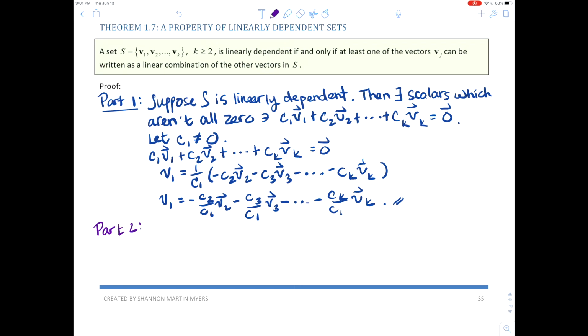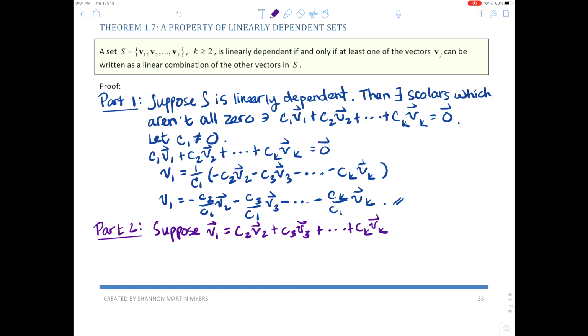Well, part 2, we got to go the other way, the other direction on the proof. So going the other direction, well, we now are assuming that we can write one of the vectors, V1, as a linear combination of the other vectors in the set. So we'd have C2V2 plus C3V3 plus ... all the way down to CKVK.